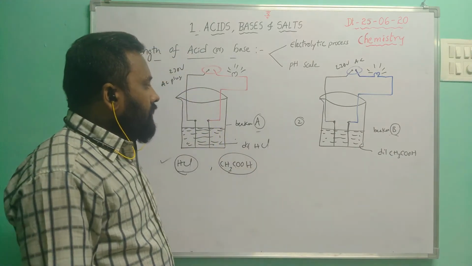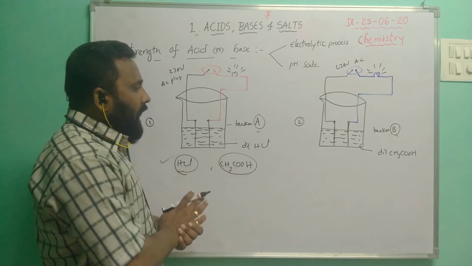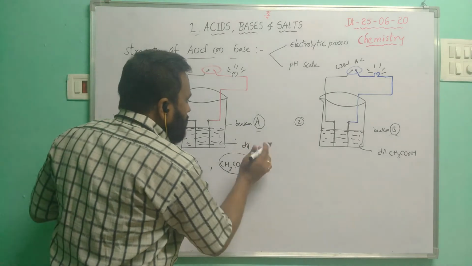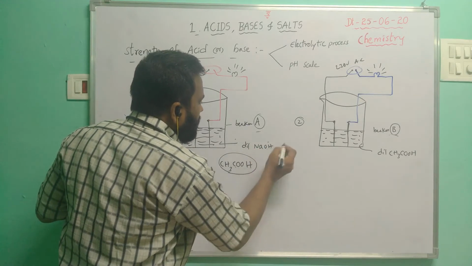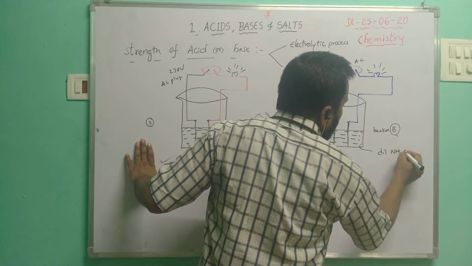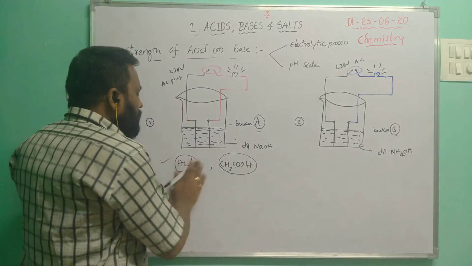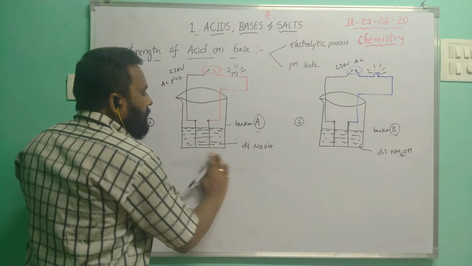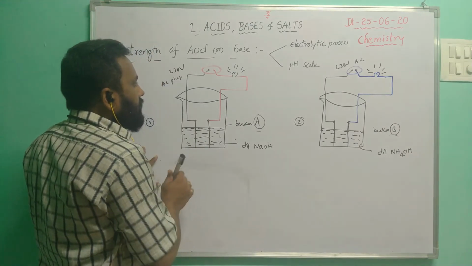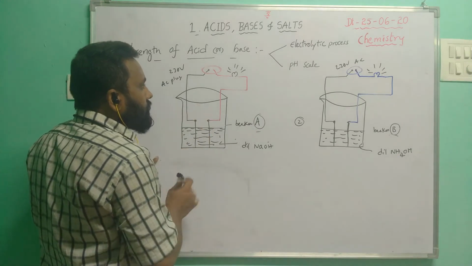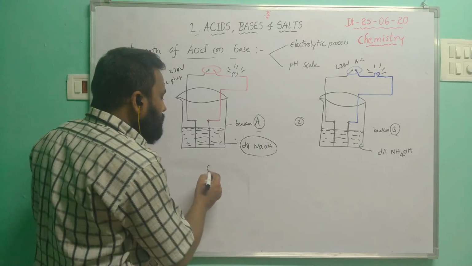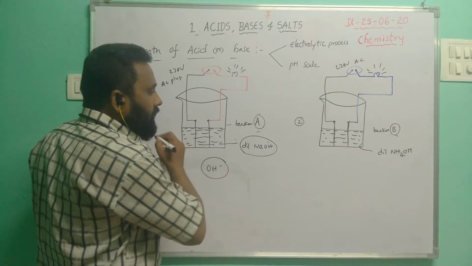Instead of HCl and CH3COOH, you can take bases like dilute NaOH and dilute ammonium hydroxide, NH4OH. When NaOH is taken in the beaker, the bulb glows very brightly, because NaOH produces more OH- ions, hydroxide ions.